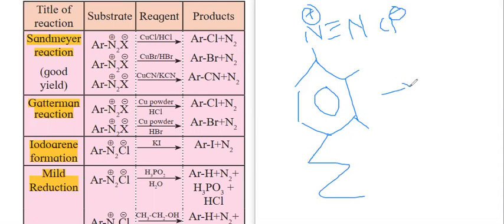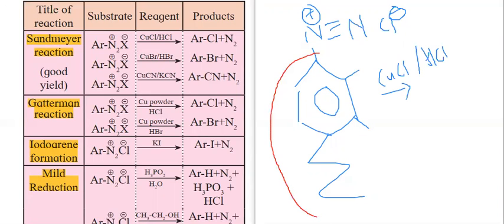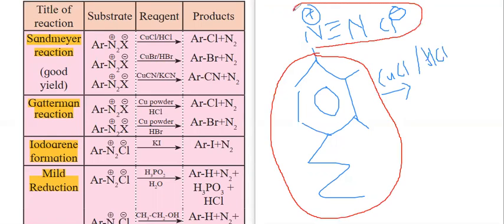And you have been given a reagent like CuCl, HCl. What do you have to do? You don't have to see the other part, this benzene ring part. You just have to replace this diazonium group with the Cl only. Don't see the other part.